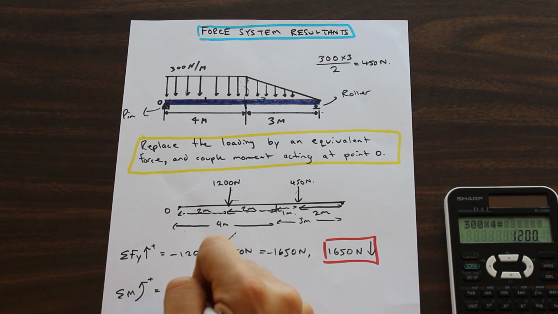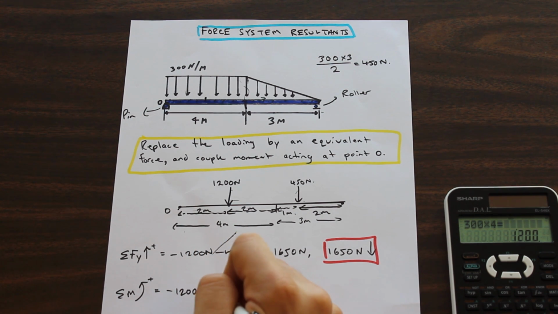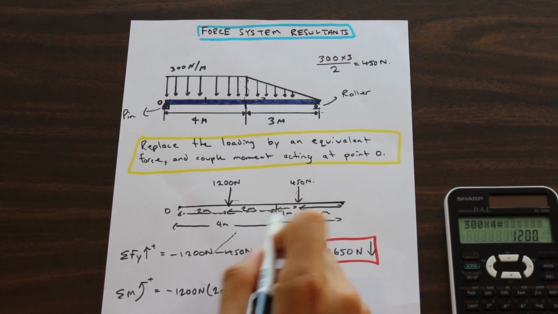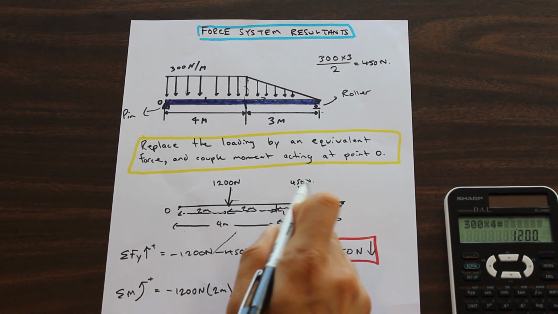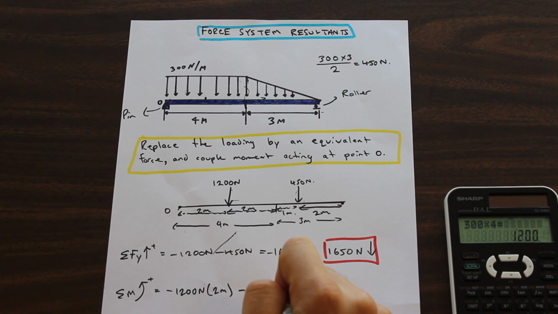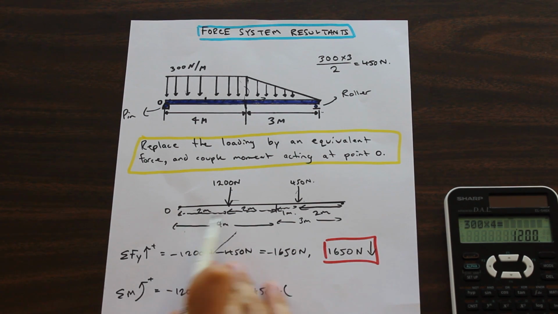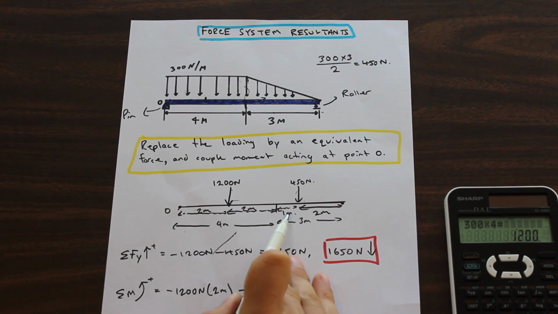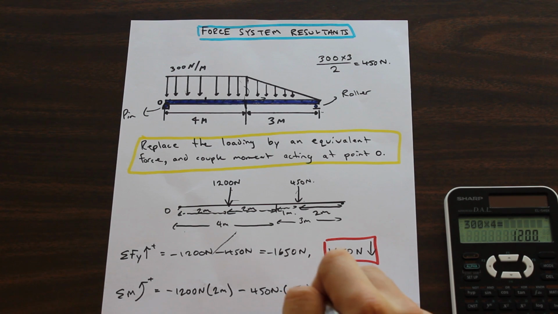So we have negative 1200 newtons times 2 meters. Then the 450 newton force is the same direction, clockwise, negative, 450 newtons times its distance. How far is that one away? That's 2 plus 2 plus 1, 5 meters.